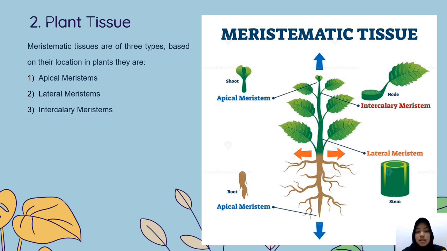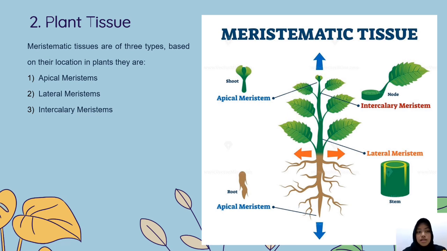And then lateral meristem, they are found on the lateral side of the stem and root of a plant, facilitating growth in thickness or girth. And then the third, intercalary meristem. They occur only at the bases of leaf blades and nodes of monocots. These help the plant to increase in length from the leaf base.